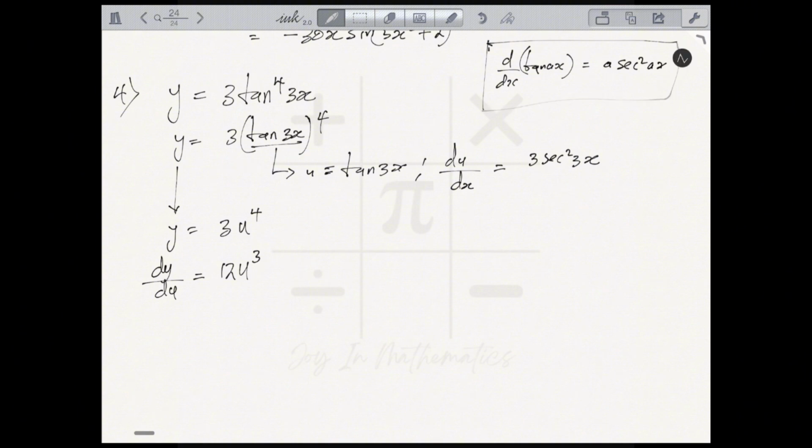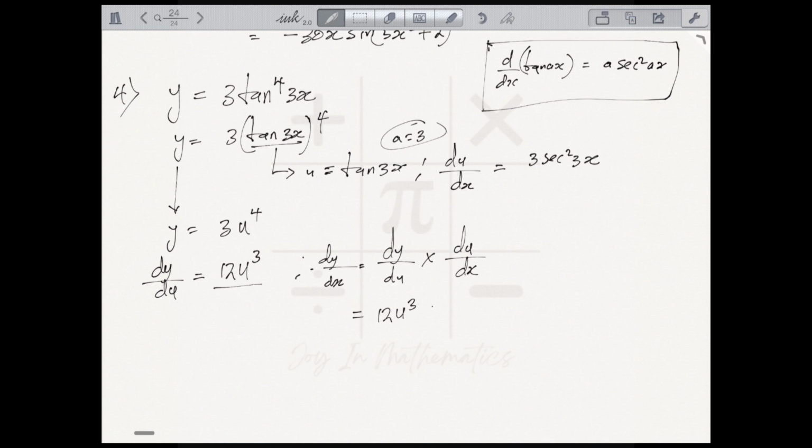So we apply that, and in this case our a is equals to 3.